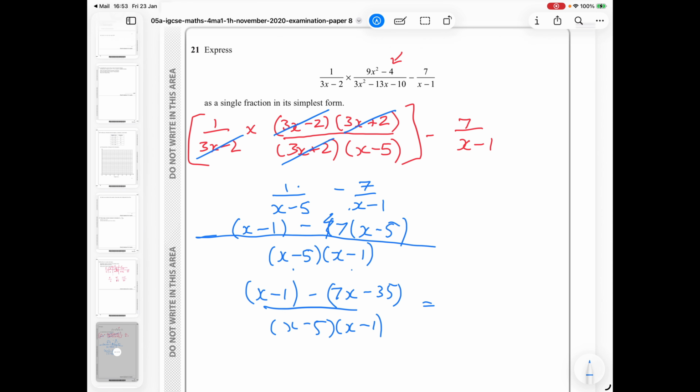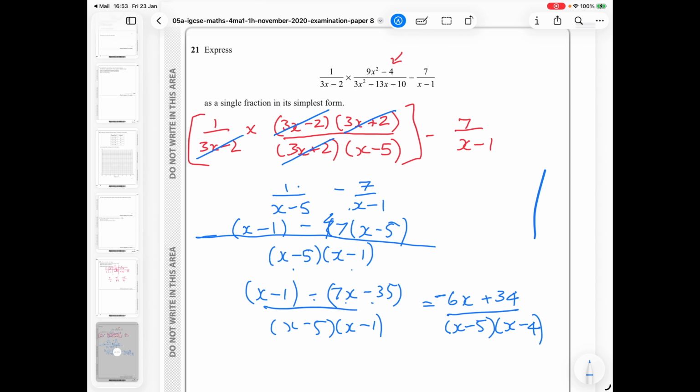And that equals, x minus 7x is minus 6x, I apologise. And minus 1 minus 35 is going to be minus 1 plus 35, so that's plus 34. I can't be bothered to put the times out. I think that's as simple as it's going to get, to be honest.